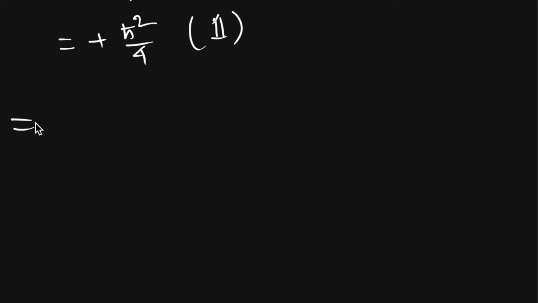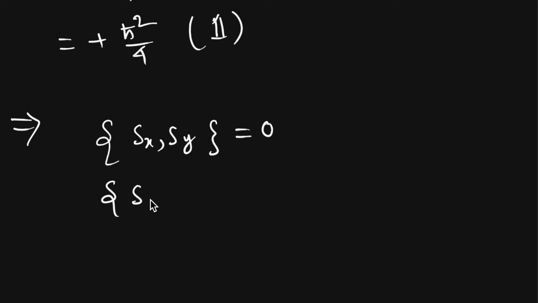So we see that the anti-commutation relation between Sx, Sy is 0, but the anti-commutation relation between Sx, Sx, what will it be?